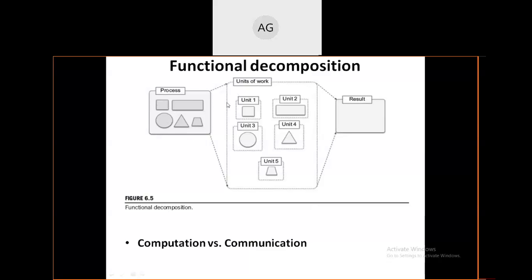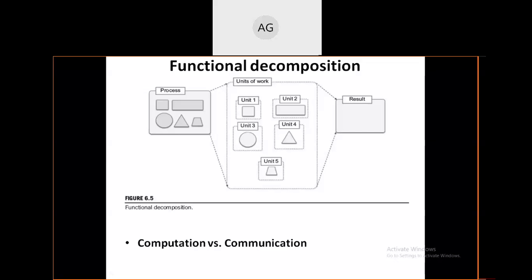Next, in the middle we are using some units of work, and after combining all these units of work we will get the result. So each unit carries a different type of symbol, meaning the shapes, the square, the rectangle, so each unit carries a different type of information.